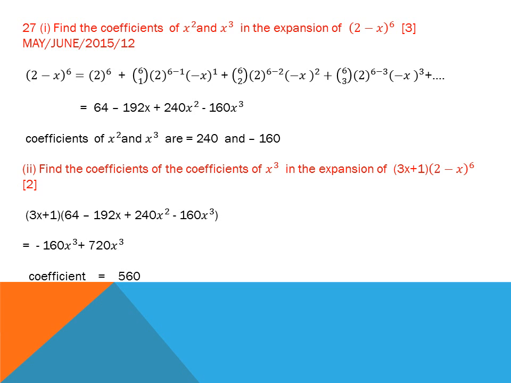When 3x is multiplied with 240x square, it will become 720x cube, and when 1 is multiplied by minus 160, it will become minus 160x cube. So when I simplify this, I find 560x cube. So the coefficient of x cube is 560 here.